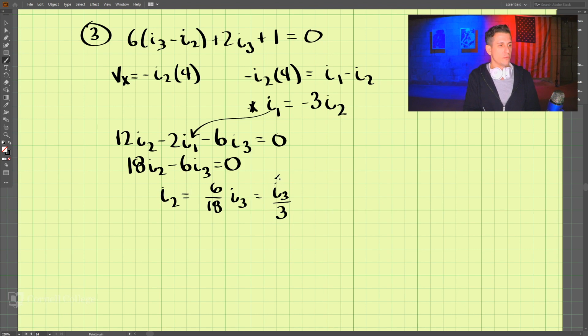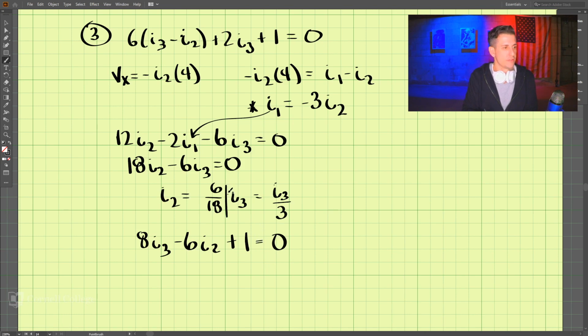So with that, we can work on equation number 3 now. And let's just write that out. We have 8I3 minus 6I2 plus 1 equals 0.